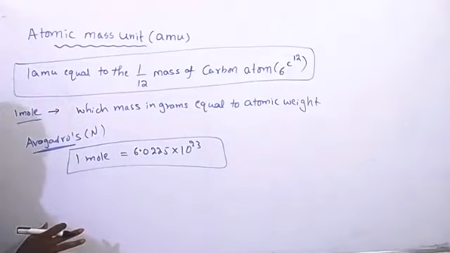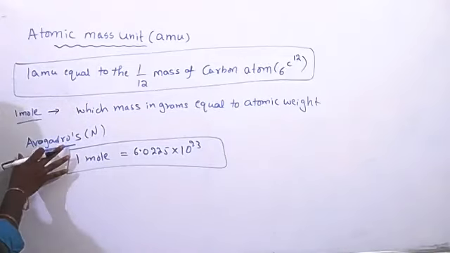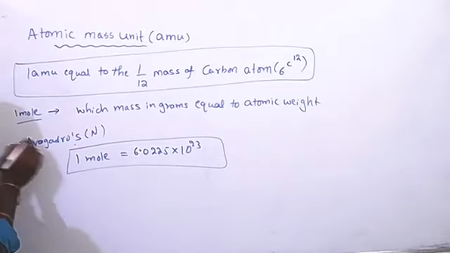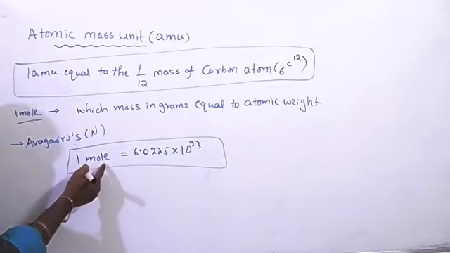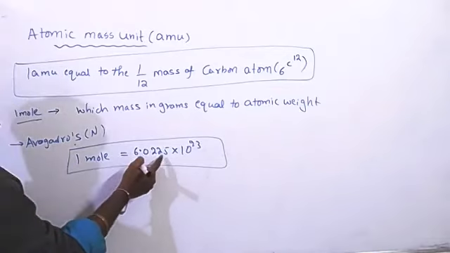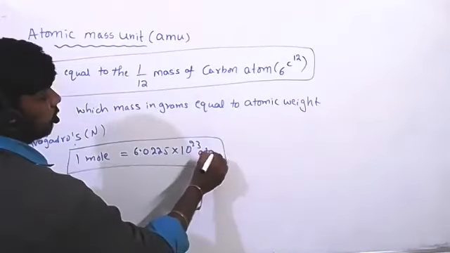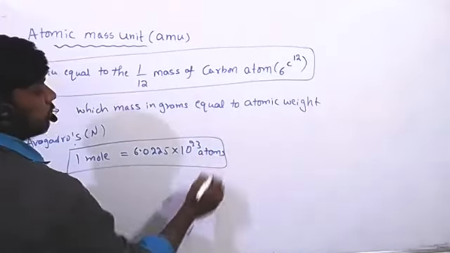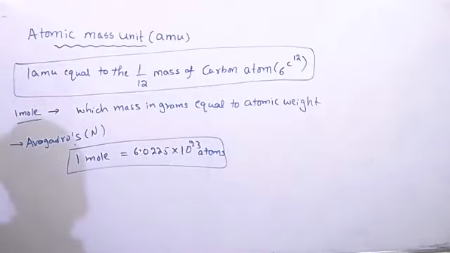So according to Avogadro, in 1 mole, 6.0225 into 10 to the power of 23 atoms will be there. That is his hypothesis.